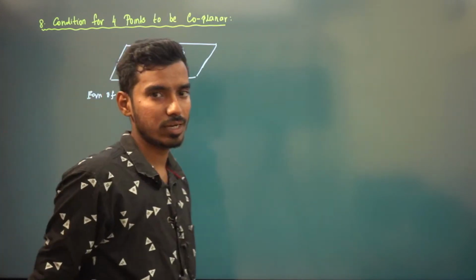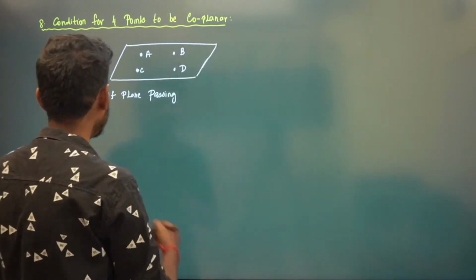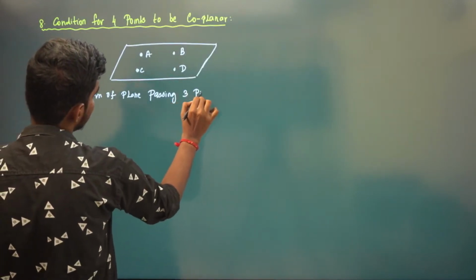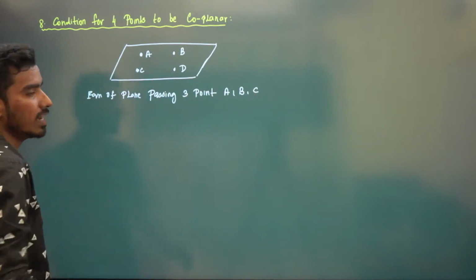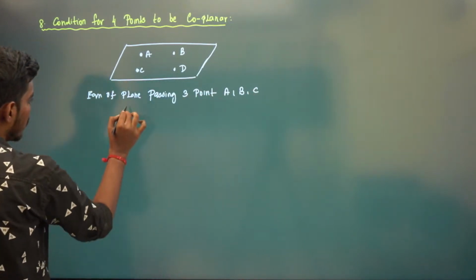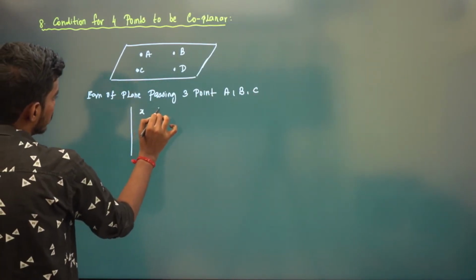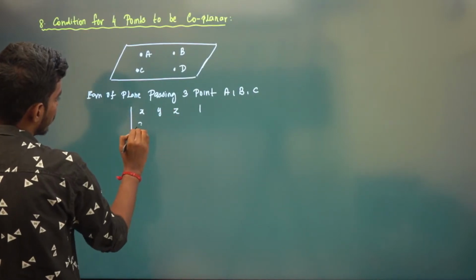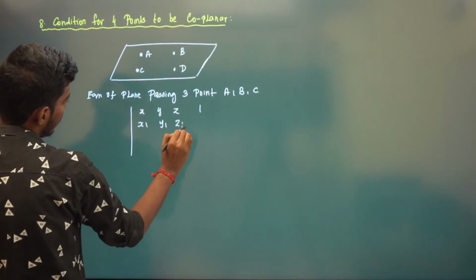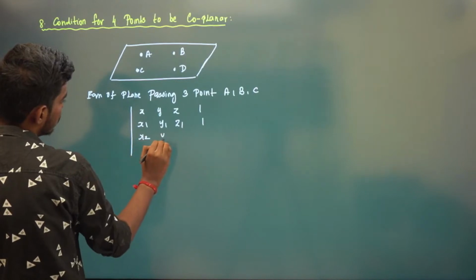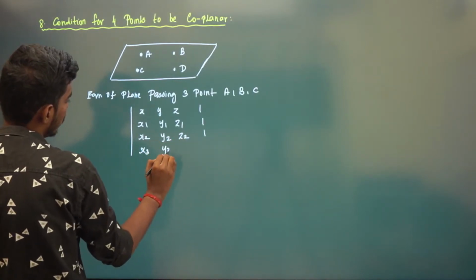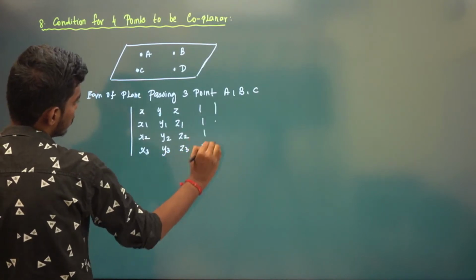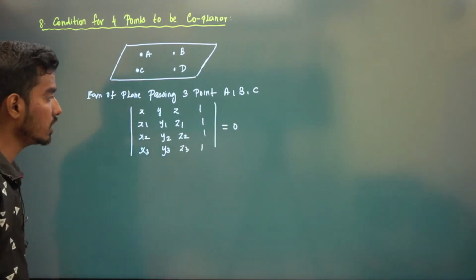Just take the first 3 points, A, B, C. Find the equation of plane passing through them by this formula: the determinant of x, y, z, 1; x1, y1, z1, 1; x2, y2, z2, 1; x3, y3, z3, 1. This is the equation of plane passing through 3 points.